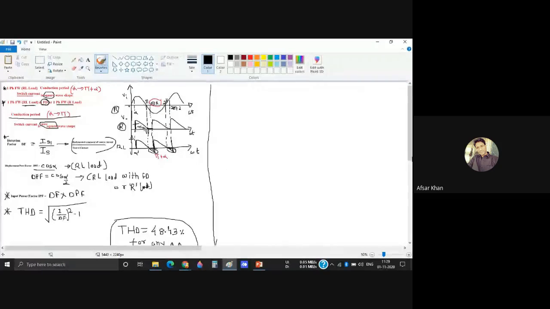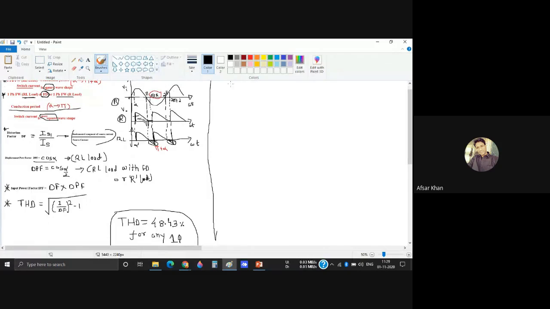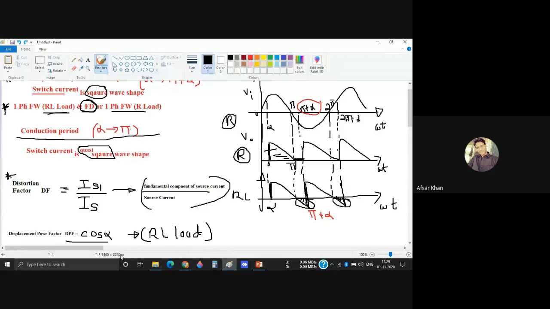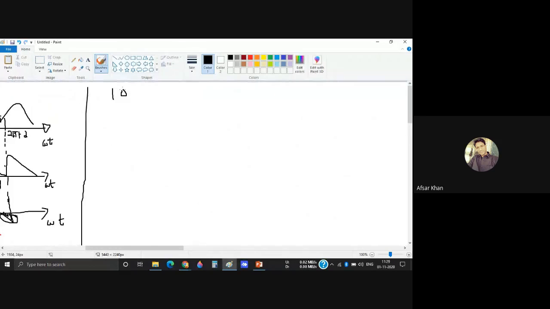Then I will write some more here for a single phase full wave rectifier with RL load. Hello. Class there, okay.